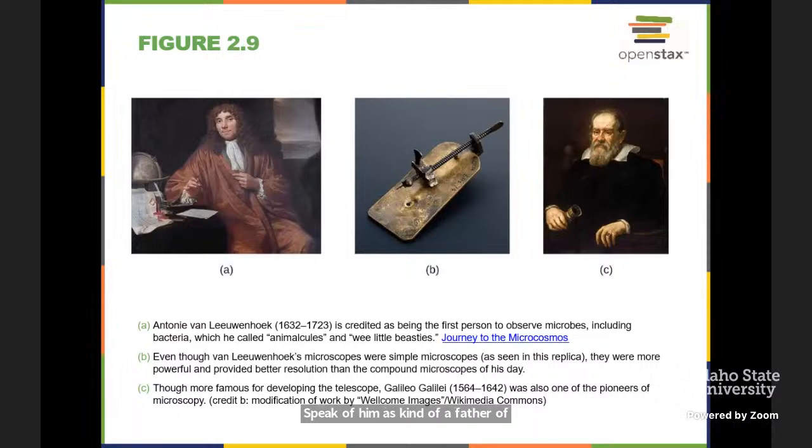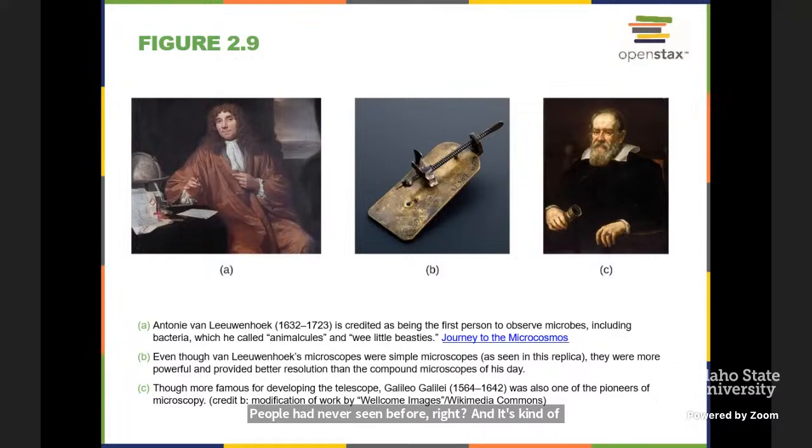There's maybe others that had done some stuff as well, but what he was able to do, it was brand new, cutting edge. What he saw, people had never seen before, all right? And it's kind of mind-boggling to me, all right?